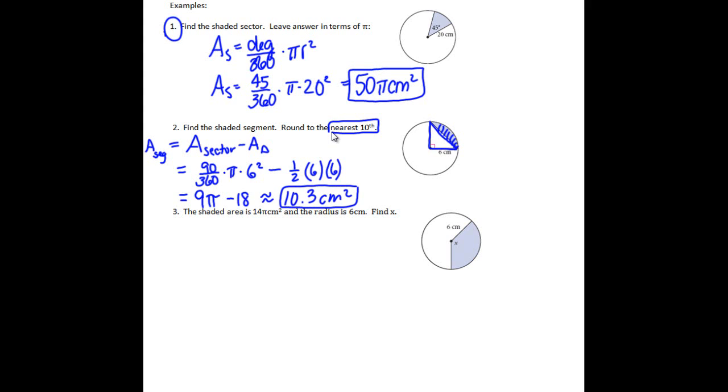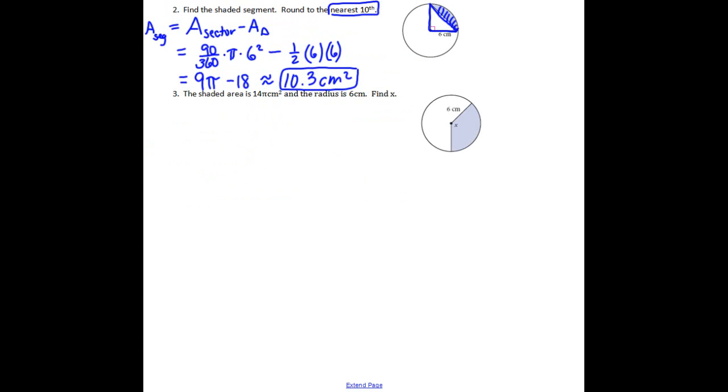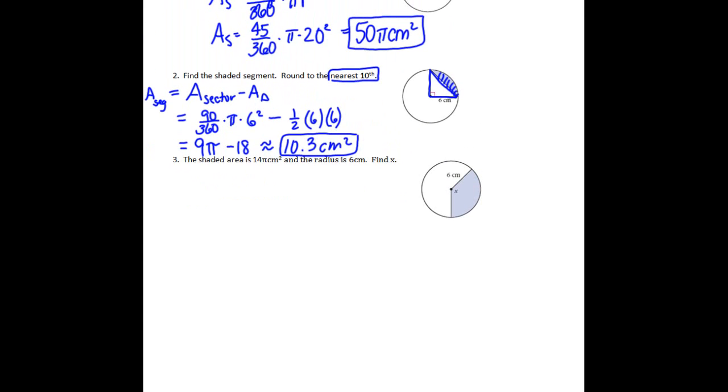Now the next question is kind of interesting because they ask us for the angle and they give us the area. But we have our handy dandy little formula, and this one just relates to a sector. So I can use my formula for my sector and back into that angle measure. The area of a sector, remember, is the degrees divided by 360 times pi r squared.